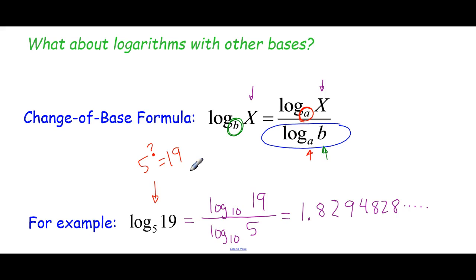So the answer definitely has to be bigger than 1, because 5 to the 1 is nowhere near 19. It's way too small. On the other hand, 2 is too large. 5 to the 2 would be 25, and that's bigger than 19. So the answer should be between 1 and 2. It should be a little closer to 2, because 19 is closer to 25 than it is down to 5.